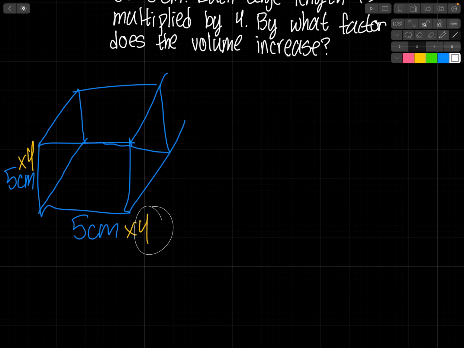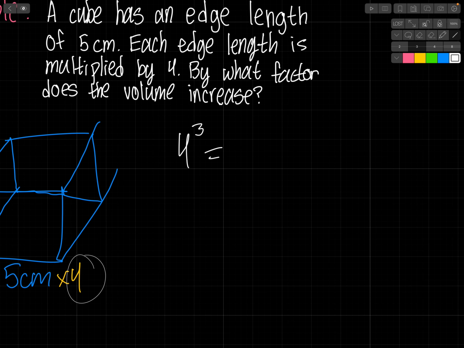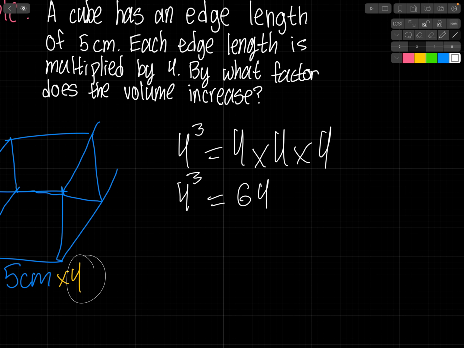We cube k. So k is 4. We do 4 cubed, which equals 4 times 4 times 4. So 4 cubed equals 4 times 4 is 16, 16 times 4 is 64.